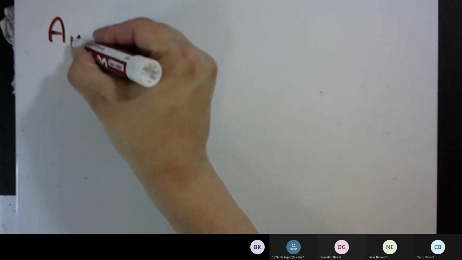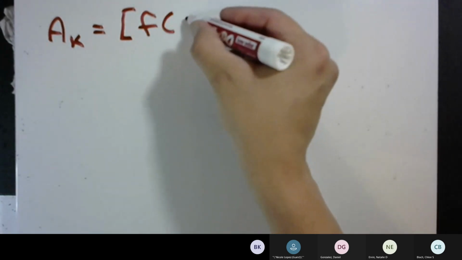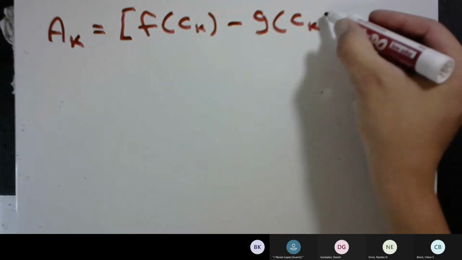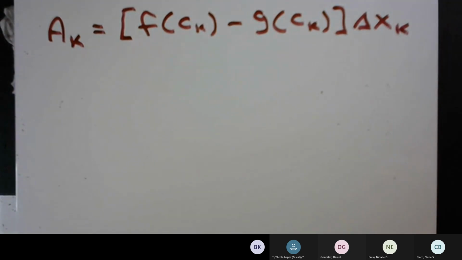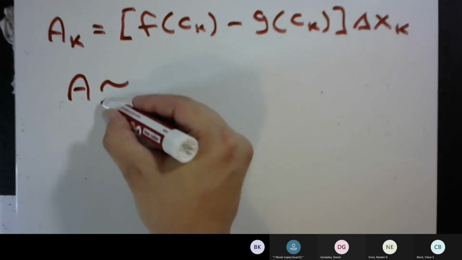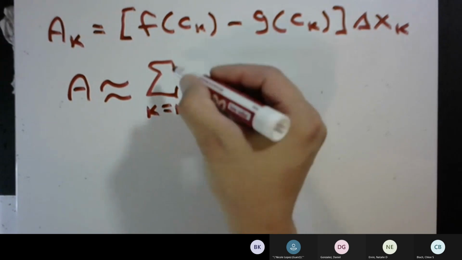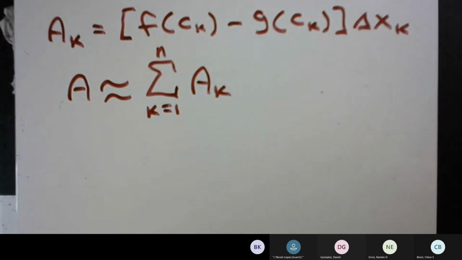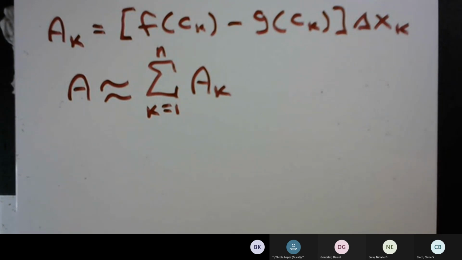So a sub k will be f of ck minus g of ck, times delta xk. So the area is approximately, now in the book, I think they put deltas here, like a little triangle, but they're going to refer to the same thing.